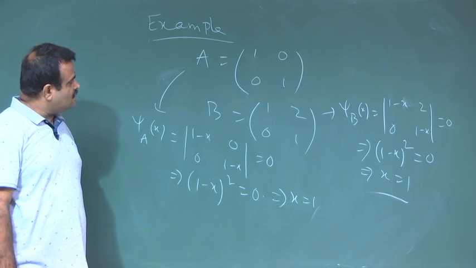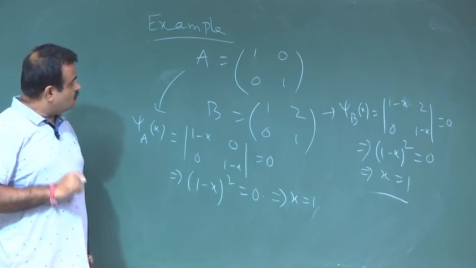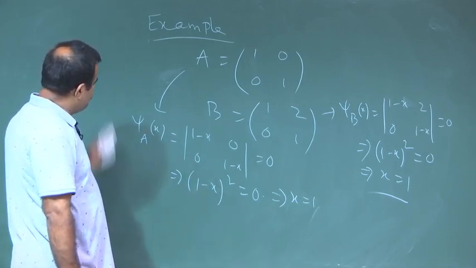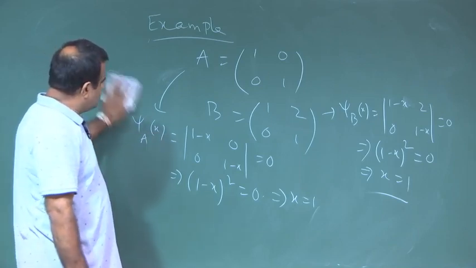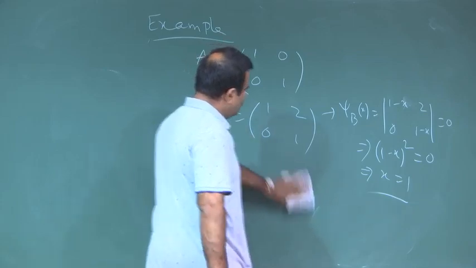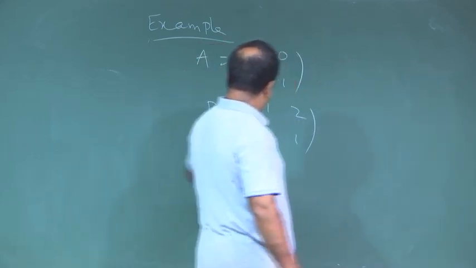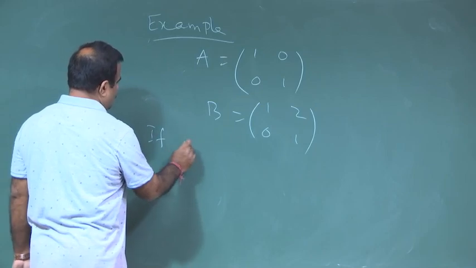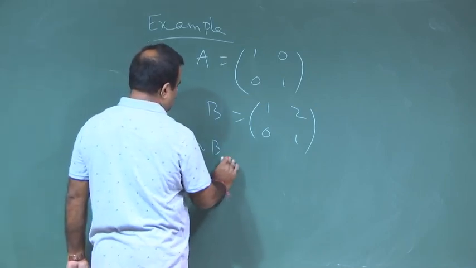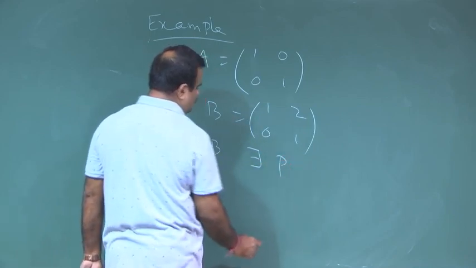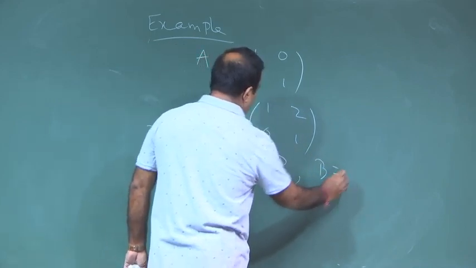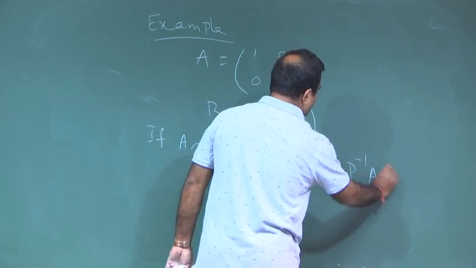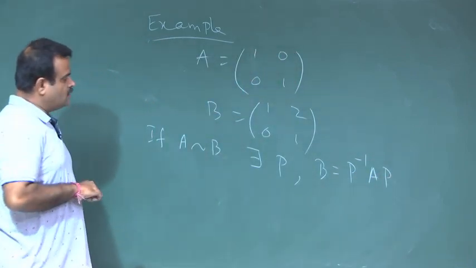Now, the question is, are A and B similar? To be similar, if A and B are similar, then there has to exist a square non-singular matrix P such that one of them, either B or A, can be written as P inverse A P, where P is a non-singular matrix.